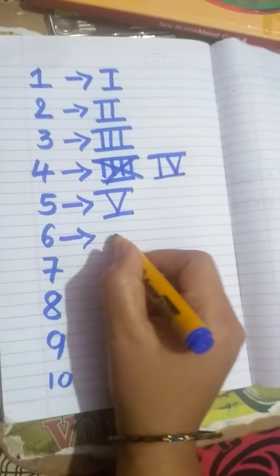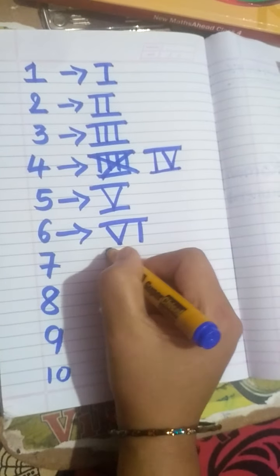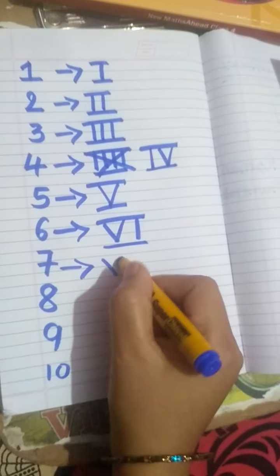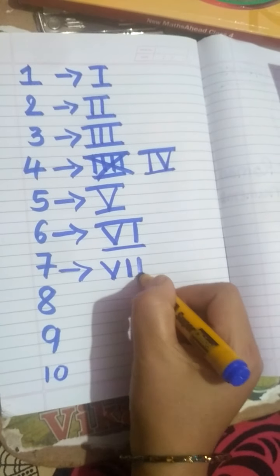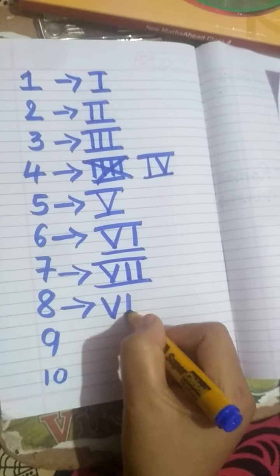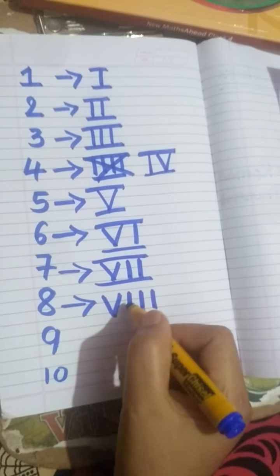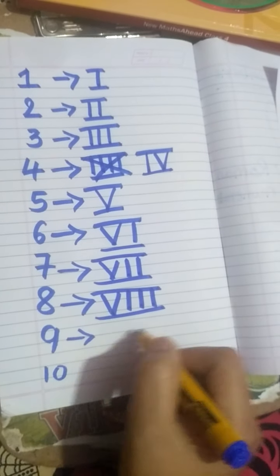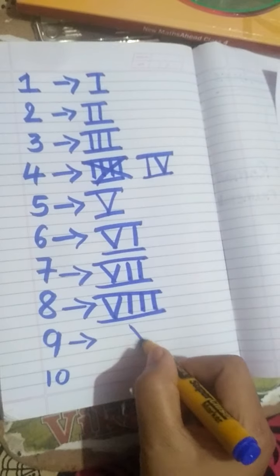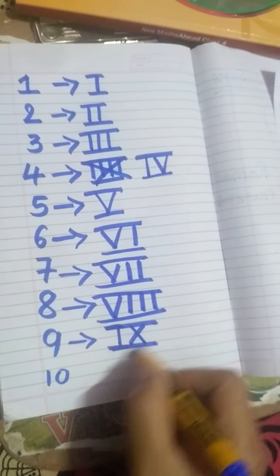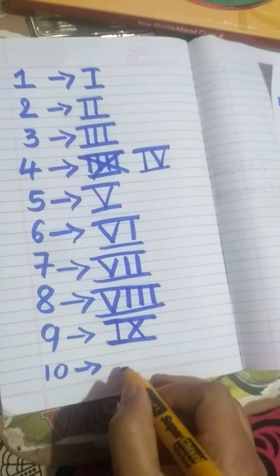Now, how to write 6? 5 plus 1. 7, 5 plus 1 plus 1. 8, 5 plus 1 plus 1 plus 1. 9, how to write? 5 plus 1, 1, 1, 1? No. It should be again subtracted from 10. 10 minus 1 is the 9.